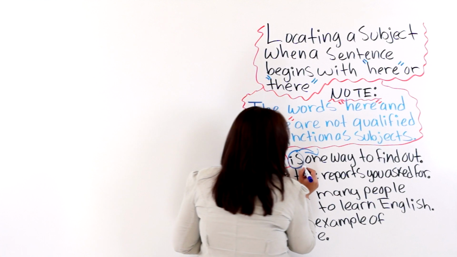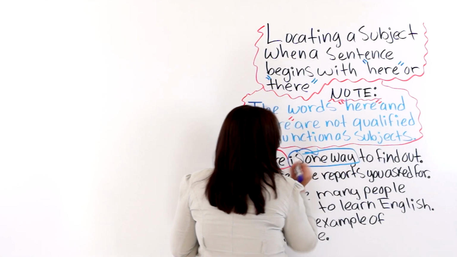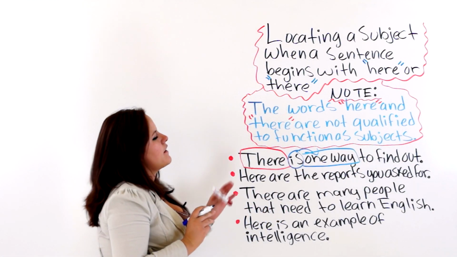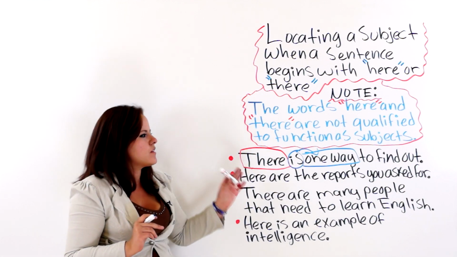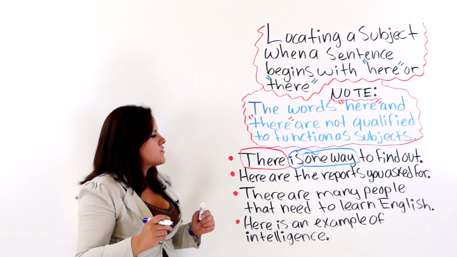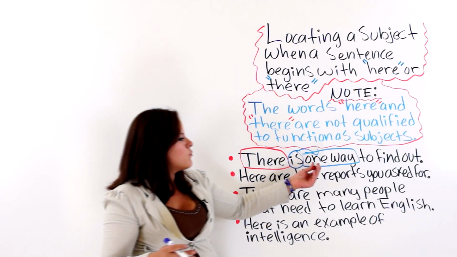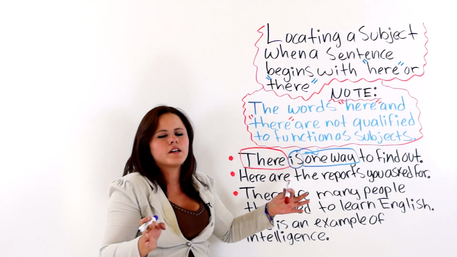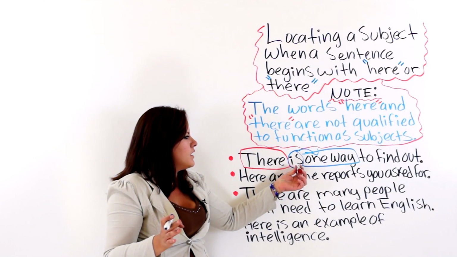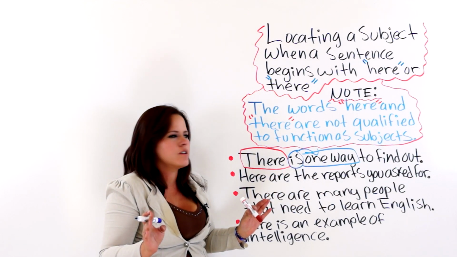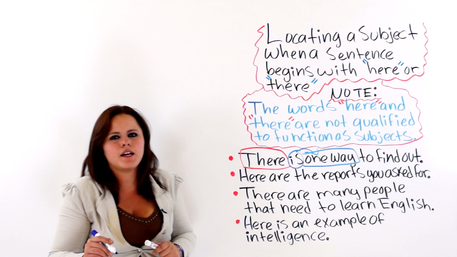One way. And there you have it. That is your subject. One way. So, as you can see, the verb here agrees with the subject. One way. Singular noun, singular verb. There is one way to find out.